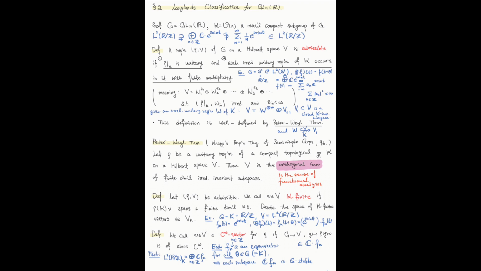Each f_n is an eigenvector for all θ in G, which is the same as K in this case. And therefore, each subspace generated by any of those is G stable.